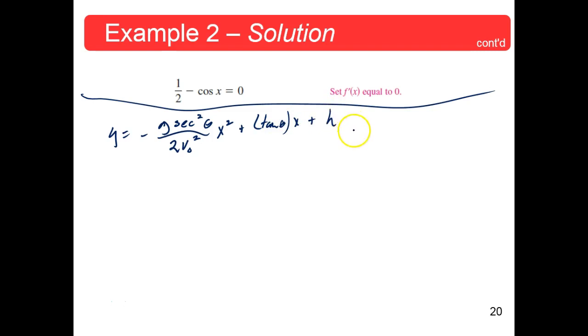Okay? Now this is only good for theta between 0 less than or equal to theta less than or equal to pi halves.